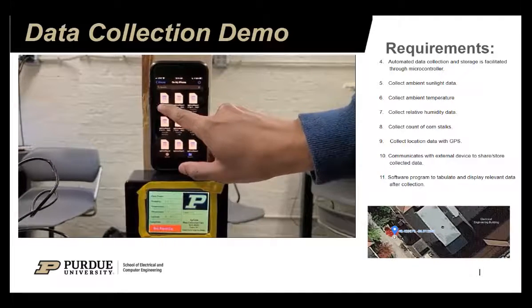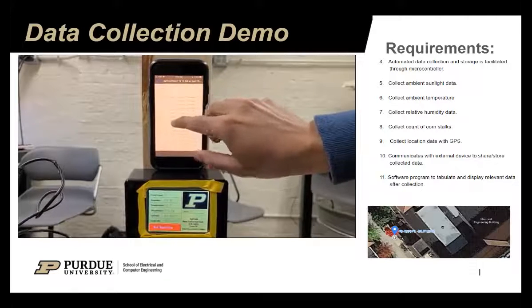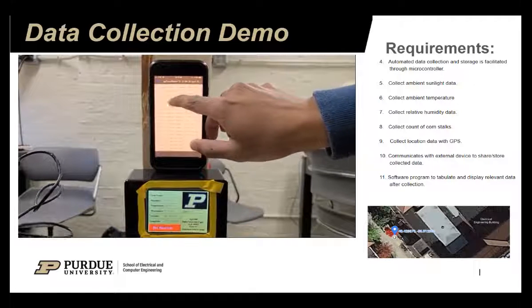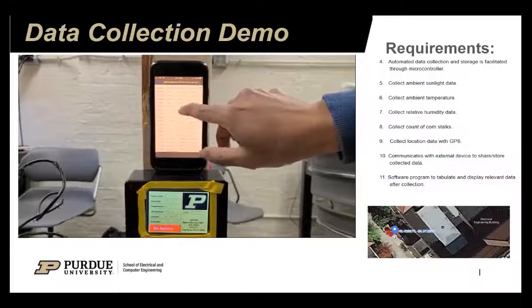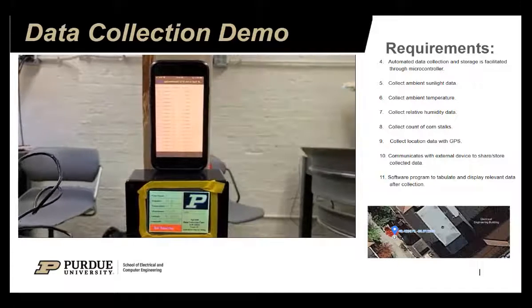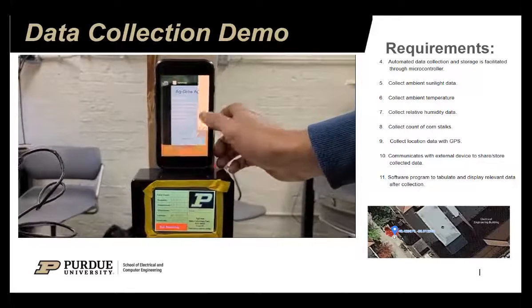This is the last one at 12:13. You can see the data: the corn stalk count being 1 because it didn't change, the humidity, temperature, sunlight intensity, longitude and latitude, plot rating and heat unit. I'll pass on to Seth to talk about what exactly plot rating and heat unit mean.